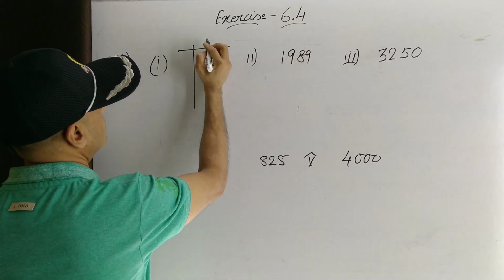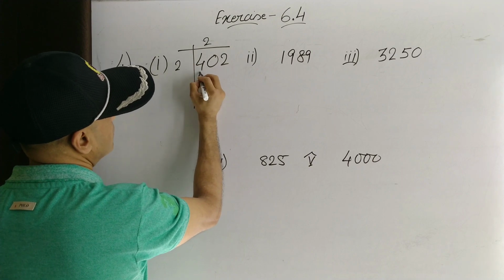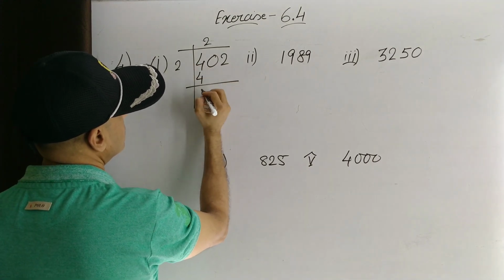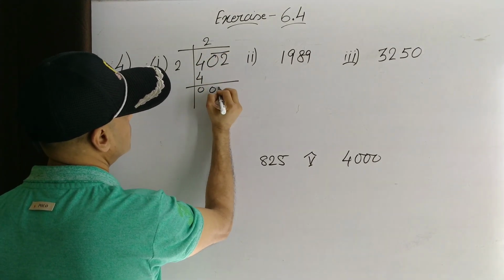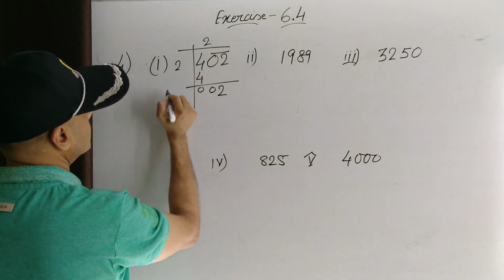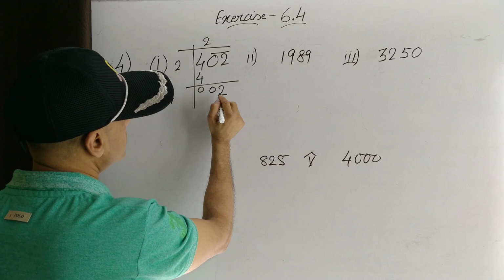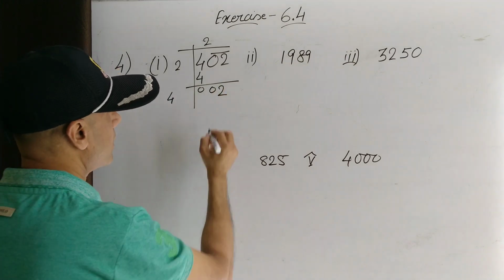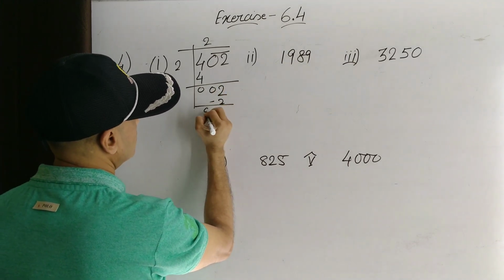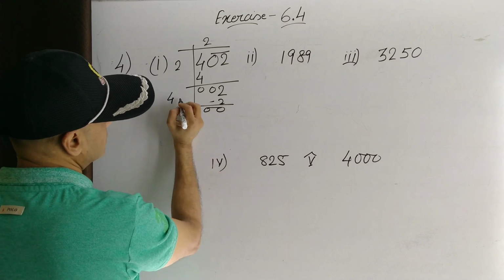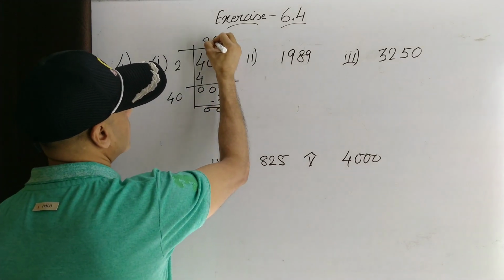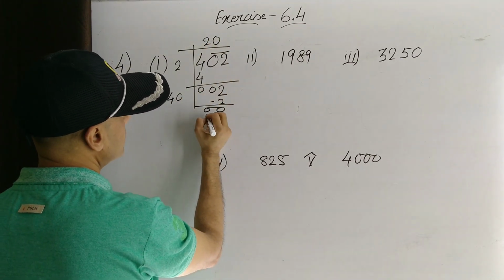So here we'll have 2 and 2, and here will be 2 into 2, 4. So we'll have 0 and get this pair down, 0, 2. Now here we'll have 2 into 2, 4. Now if we subtract 2 from this, we'll get 0. And so in that case, we'll put a 0 here and we'll get 0 here, and remainder will be 0.